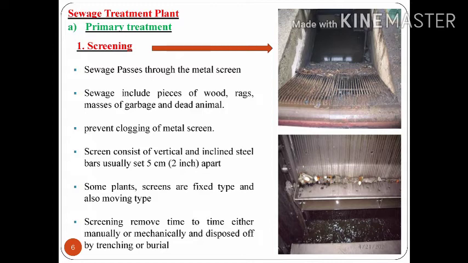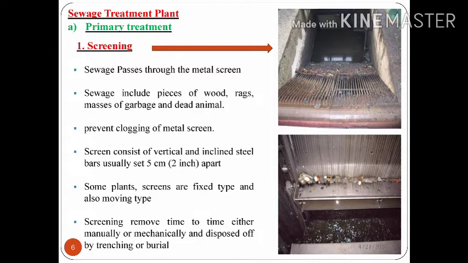Primary treatment. Screening. Sewage arriving at the disposal works is first passed through a metal screen which intercepts the large floating objects such as pieces of wood, rags, masses of garbage, dead animals. The removal is necessary to prevent clogging of the treatment plant.